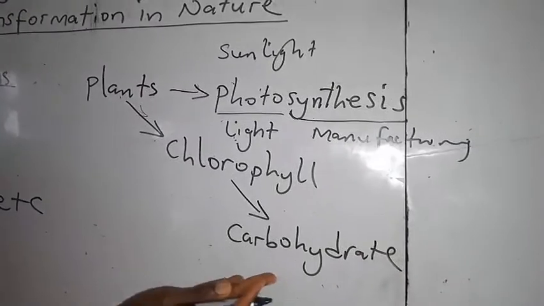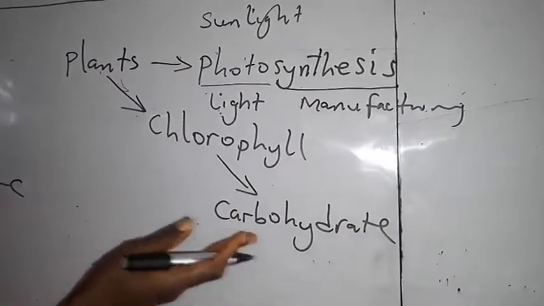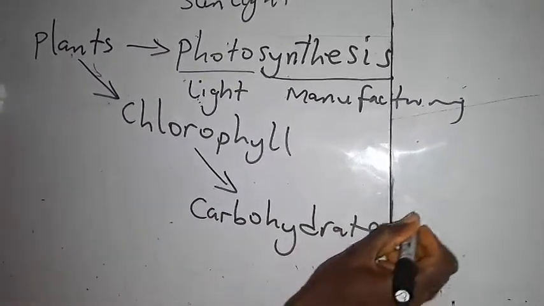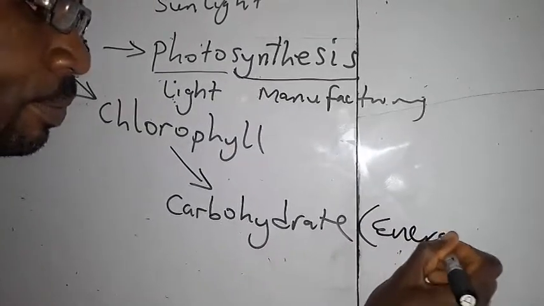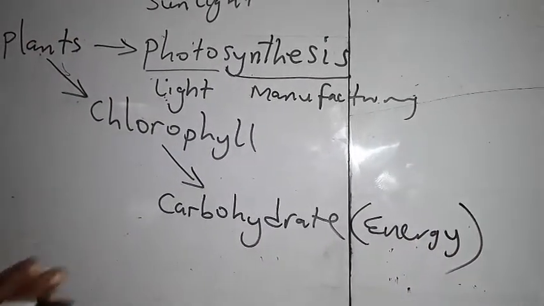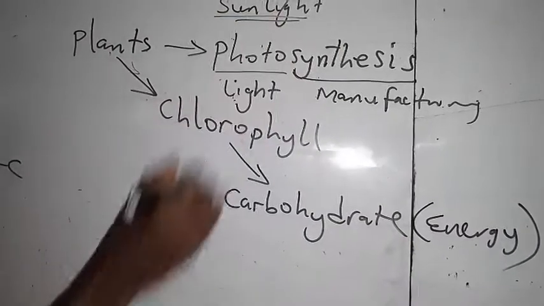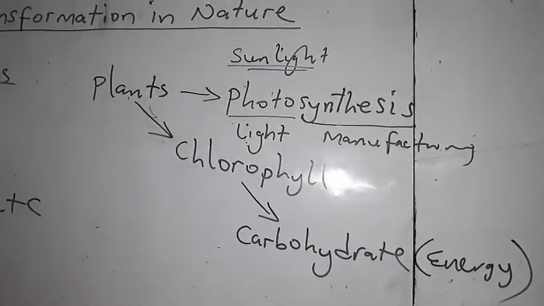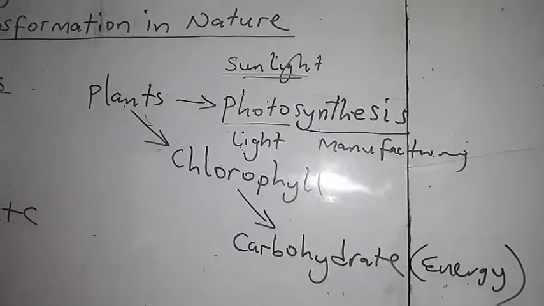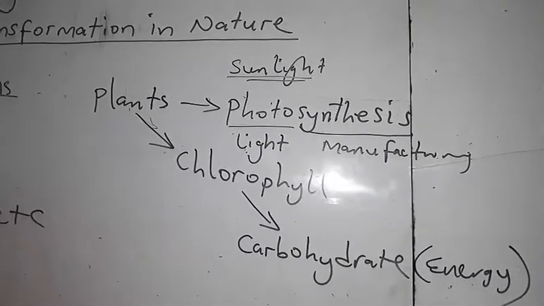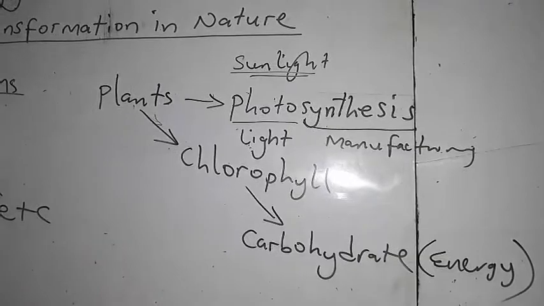Now, in our elementary science, you agree with me that carbohydrate produces what? Energy. So that energy needed is gotten from where? Sunlight. That is why sunlight is the major source of energy to every living organism on planet Earth.